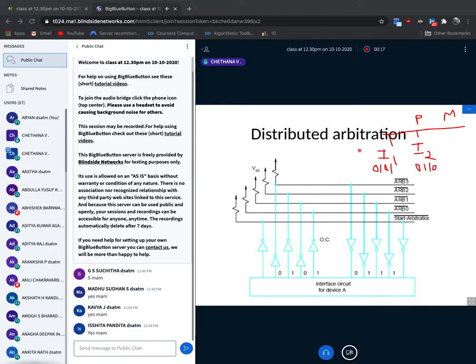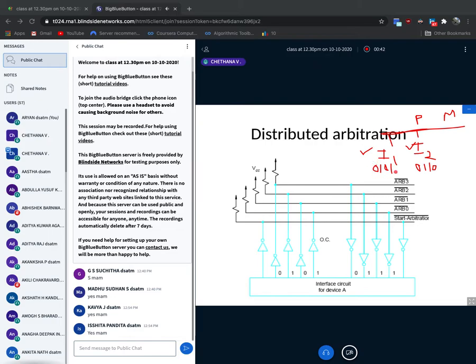But just see here, whenever I1 and I2 both are requesting the bus, the bus is required by both I1 and I2. Initially, the processor is utilizing the bus. Now I1 and I2 both are fighting for the bus. At that time, what should I do?